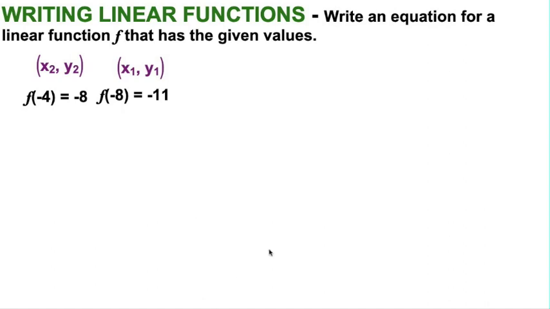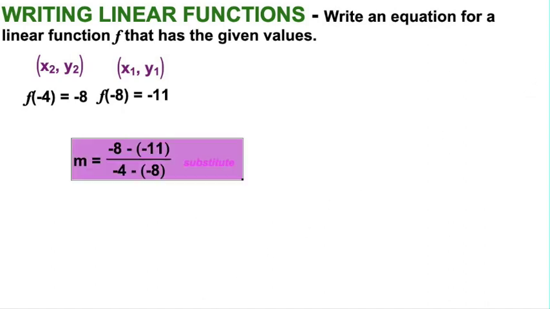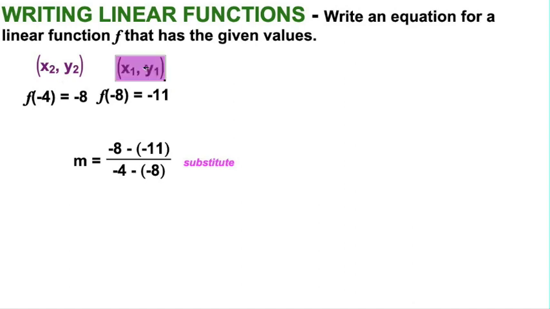Okay, again, in function form, let's do our substitution here. And again, I'm going to take, you notice this way, I picked this one to be x1, y1, and this one to be x2, y2. You can choose either one, but again, -4 is a bigger number than -8. So I personally like to have a positive denominator. That's my little hint for the day.